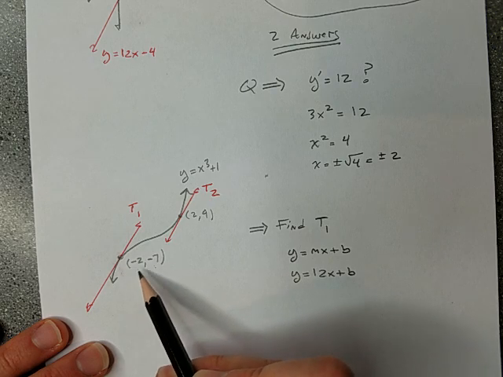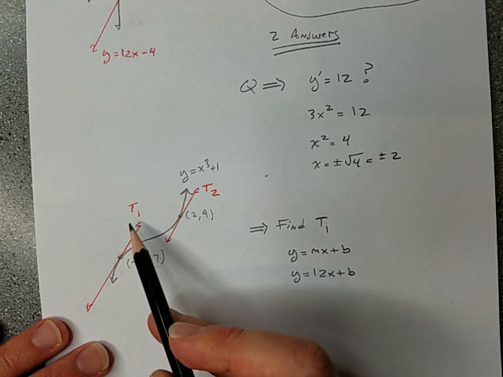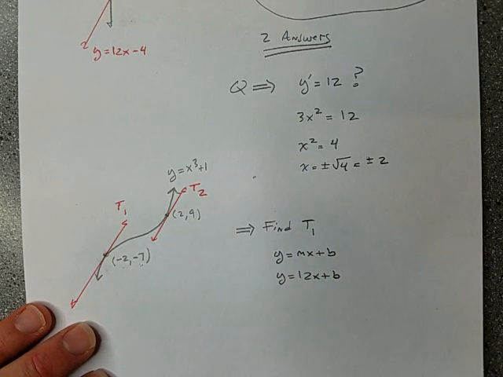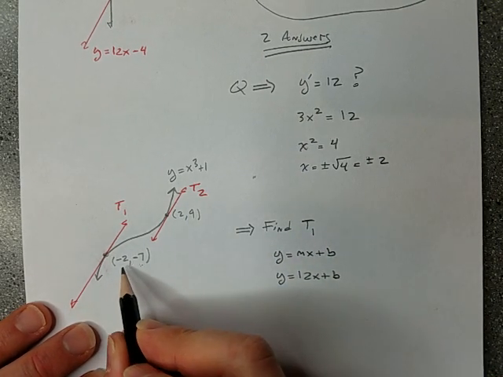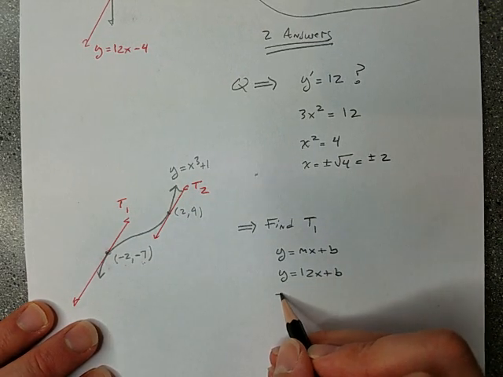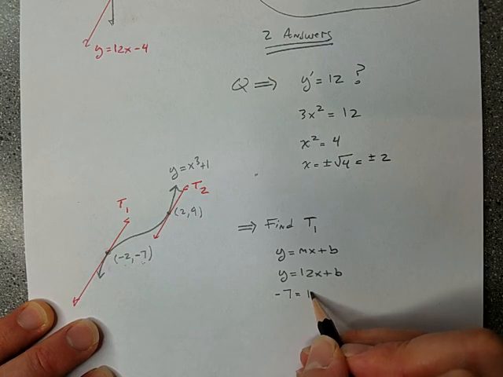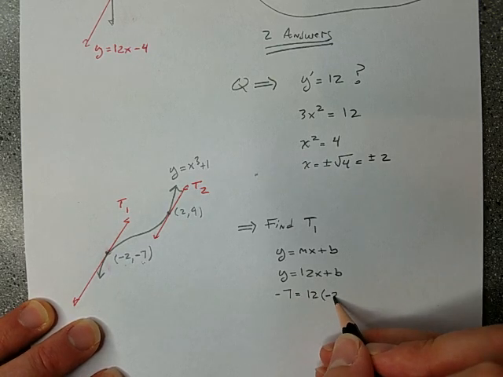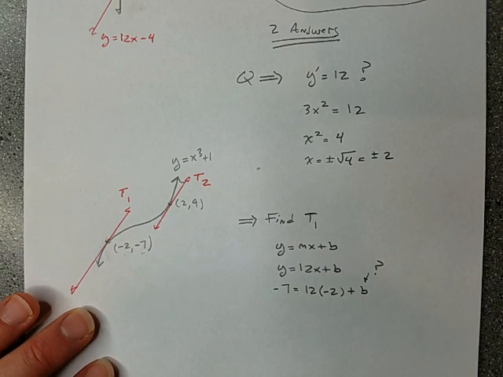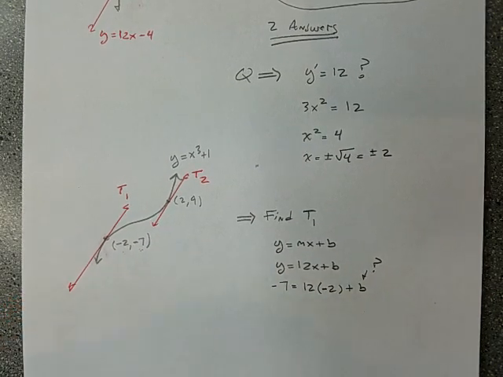That means this point is on the tangent line T1, just like I drew it there. So I know then that if x is -2, y is -7, is a point on that line. So if I put that in the equation, that would be completely appropriate. And that gives me enough information to figure out what b is, all right?